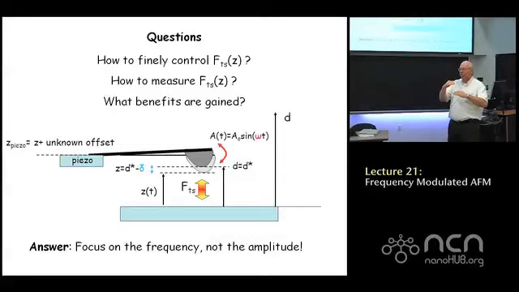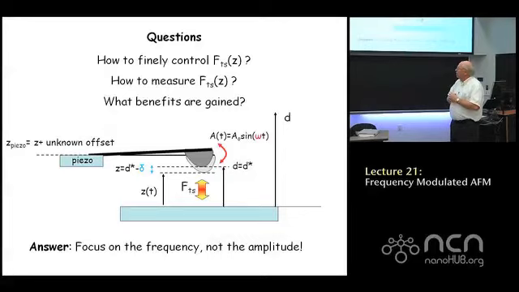But when you suddenly turn on this tip sample interaction force, which is a combination of DMT and van der Waals, right? The tip bends towards the substrate by a small amount delta. How much it bends depends on the spring constant of the cantilever, and it depends on the magnitude of that tip sample interaction force. Right? So it's a complicated nonlinear interaction, which I think there was a homework problem that asked you to look into in a little bit more detail.